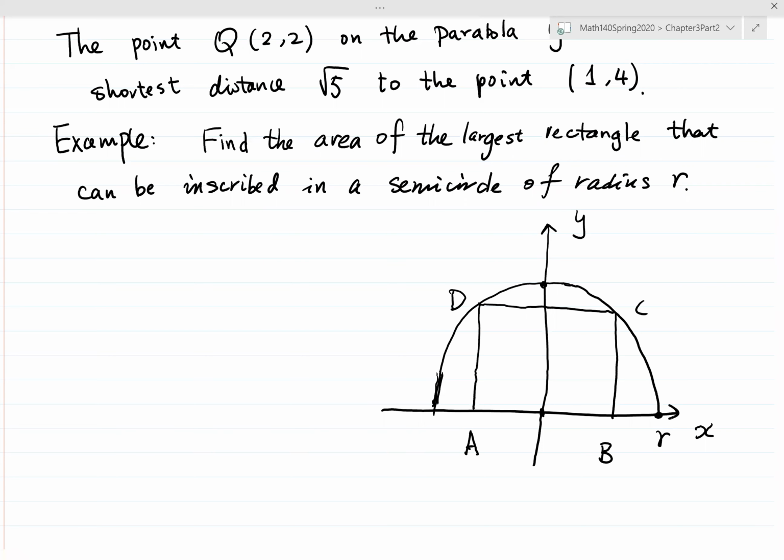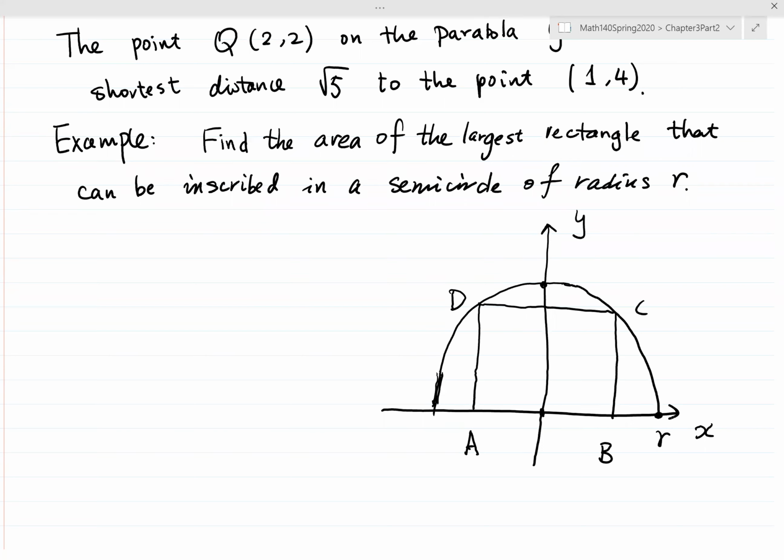So we first find what determines the area of the rectangle. The area formula of a rectangle is length times width. So we need to find what determines the length and what determines the width.